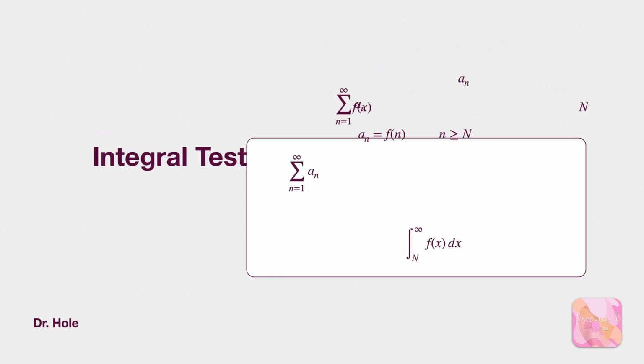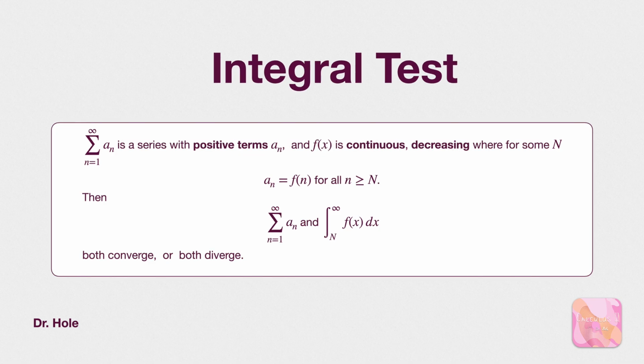All right, so more formally, in a more compact way, we can write down the integral test as a series with positive terms a_n and a function f, which is continuous and decreasing, such that for some n, the terms of the sequence are given by the function at that index after some starting point capital N. Then the behavior of the series and the integral will either both converge or both diverge.